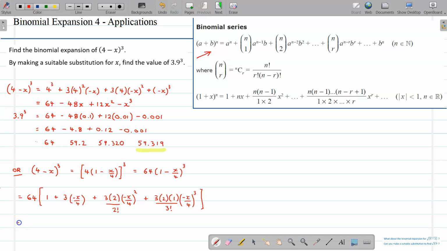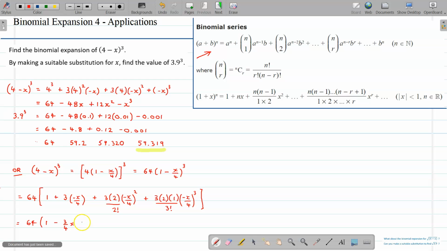Well, I'll leave the 64 there, and a bit of calculating and working out will show you that you've got 1 minus 3/4 of x, and then you've got this thing here. The 4 squared is 16, so you've got 16 underneath, the 2 factorial and the 2 will cancel out, so you're left with 3 over 16.